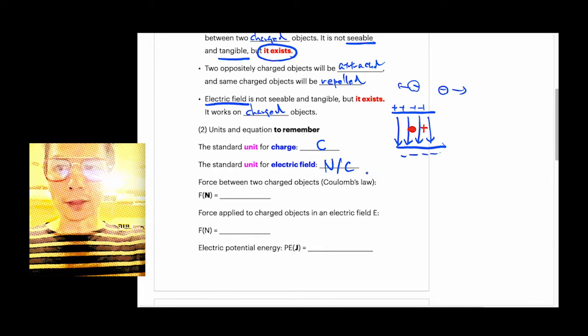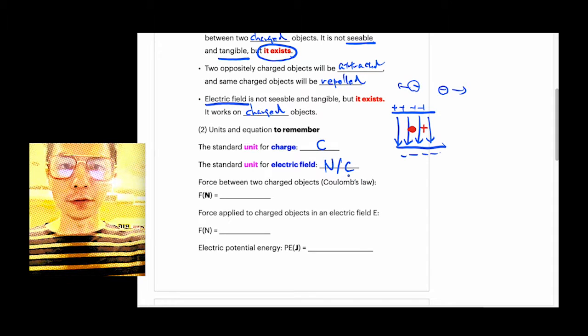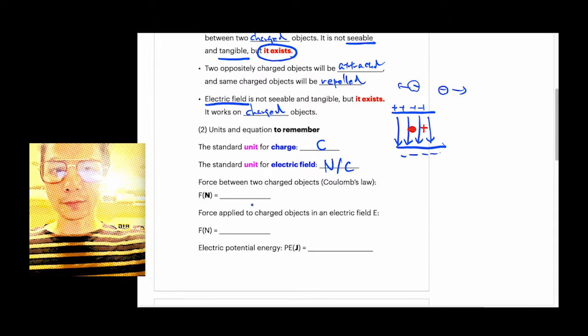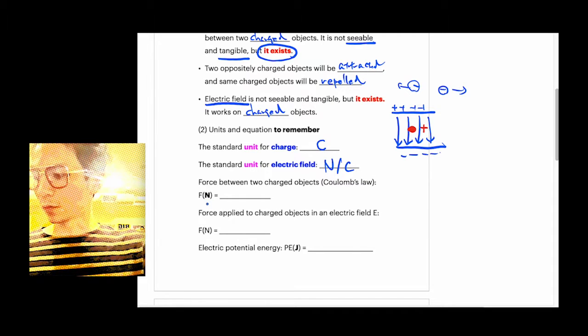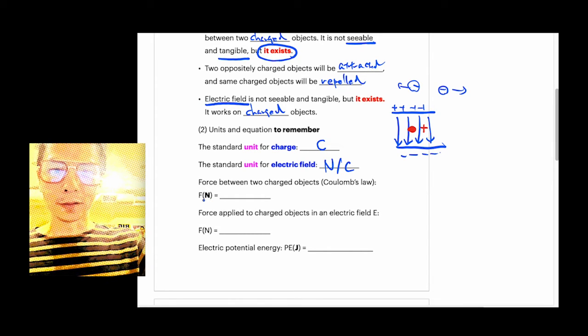There is another way to express it, but for now, all you have to remember is this one. This is also a kind of complicated equation that you have to remember. And of course, we are dealing with force, so the unit is Newton.